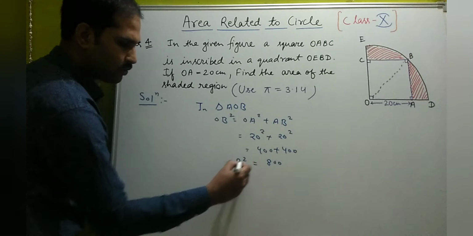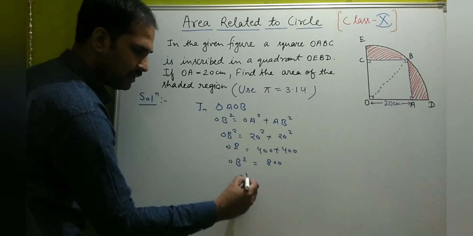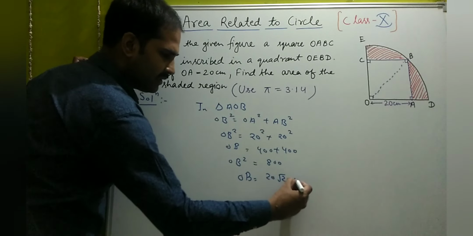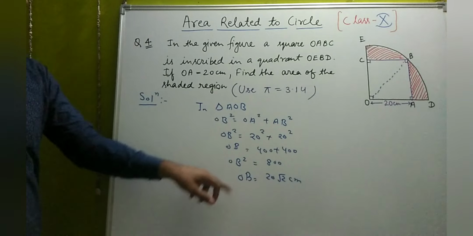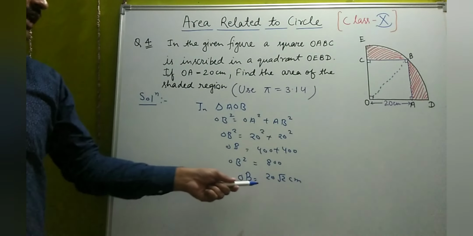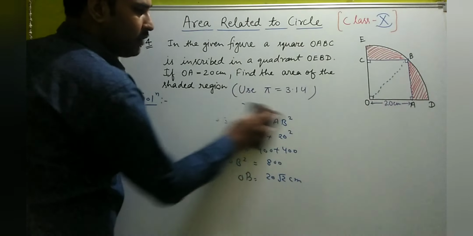OB square is equal to 800. So OB is the square root of 800, that is 20 root 2 centimeter. You can also find the radius directly using the diagonal of the square, that is side root 2. So you can directly find 20 root 2. Now use the formula.